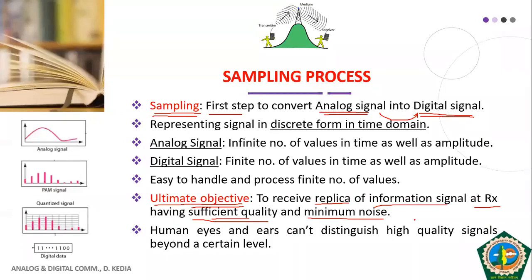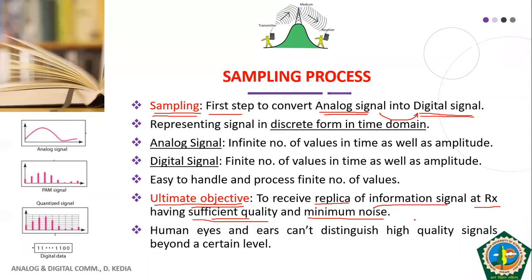Say, if out of 10, the quality level that I achieve is 9 out of 10, and if I say that the quality level is 9.5 out of 10, then our eyes and our ears may not be able to appreciate whether there is some change in the quality that we are perceiving. So our eyes and ears, that is your natural receiver, have a limitation that beyond a certain level of quality, we are not actually able to distinguish whether the quality has improved or not.